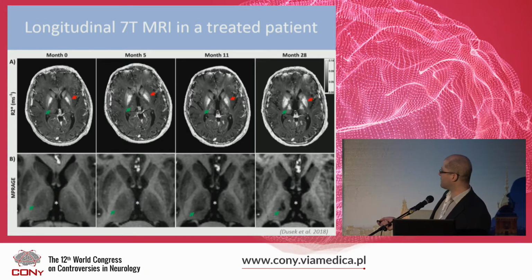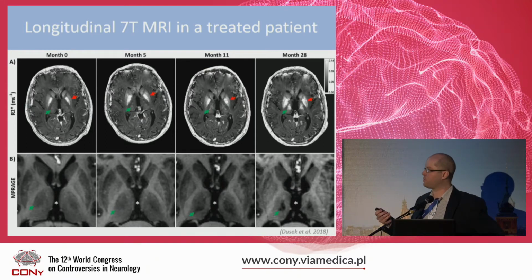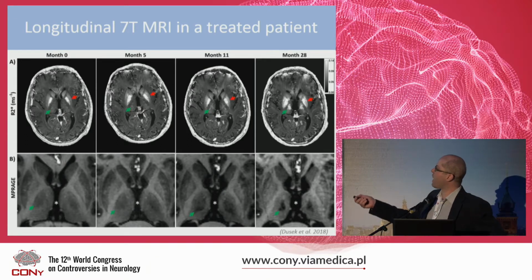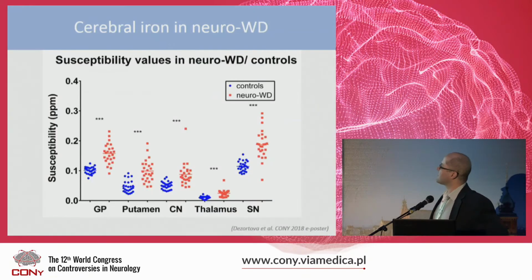And this region in the thalami developed ultimately cavitation with a huge positivity with R2 star, so it means that there is lots of iron accumulation. And this was a rather unsuccessfully treated patient. And of course, there need to be lots of group studies done, but it seems that the iron accumulates during the treatment, particularly when the treatment is not very successful.